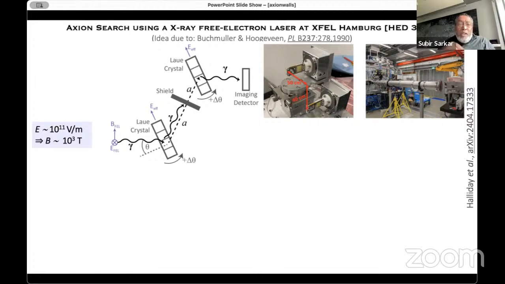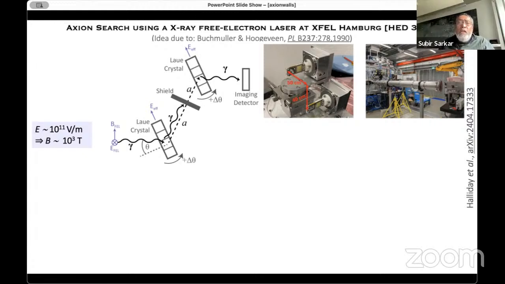And then you have another crystal which is aligned parallel to it. The axion can only go between the two because there is a shield between the two crystals, so photons cannot penetrate it, only an axion can. And if an axion does go through and converts back into a photon, you can then detect it at the end of this pipe with an X-ray detector. They use something called a Jungfrau.